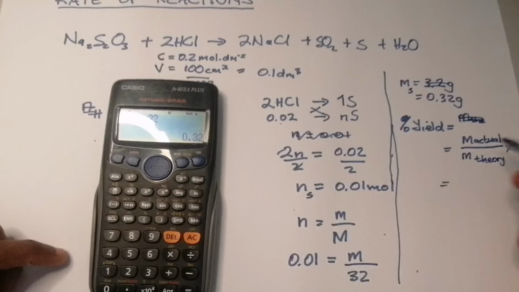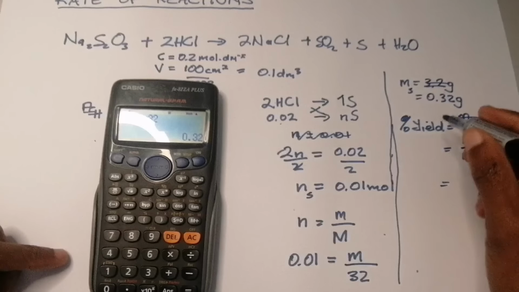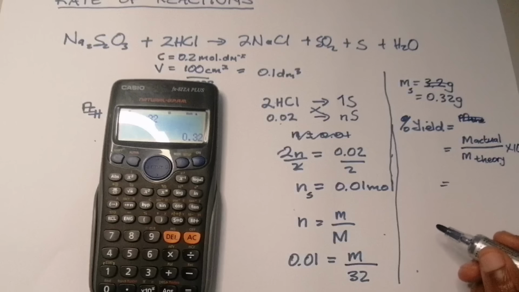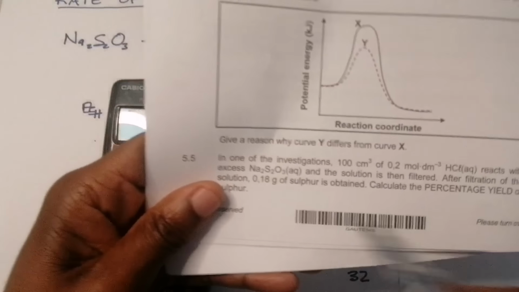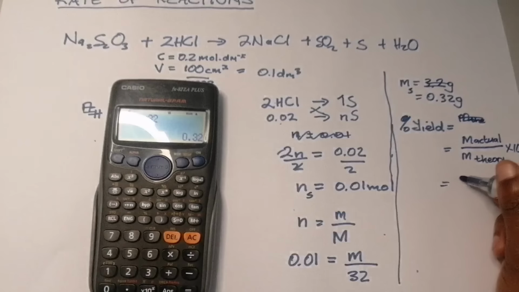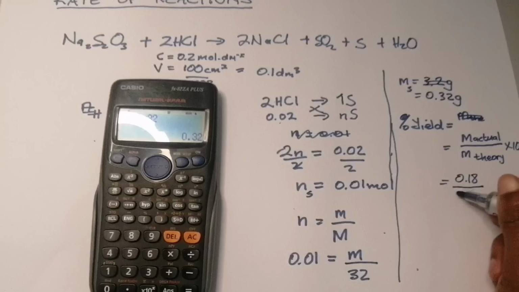So what was my actual mass? The actual mass is what they told us. They told us we got 0.18 grams. So that's 0.18 divided by, what's my theoretical yield? Theoretically, I was supposed to obtain 0.32. So that will give us the percentage.